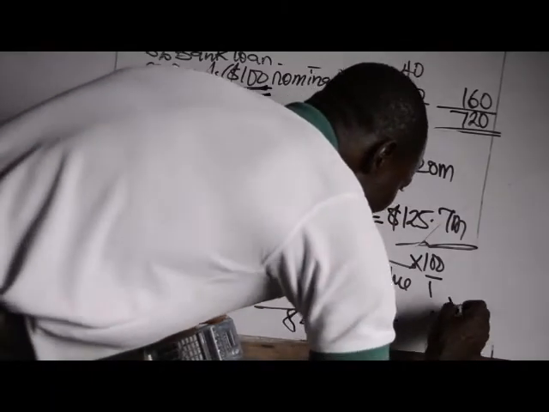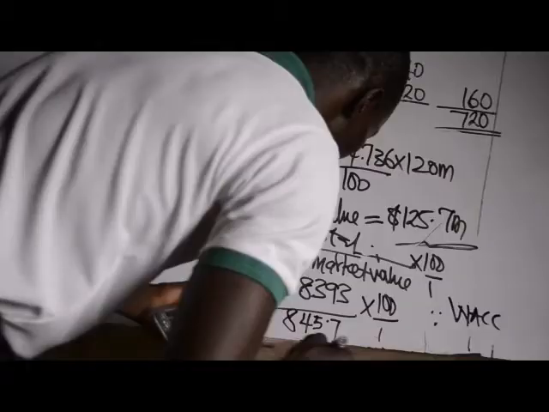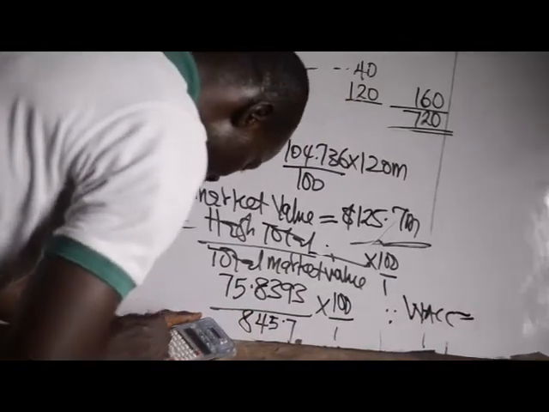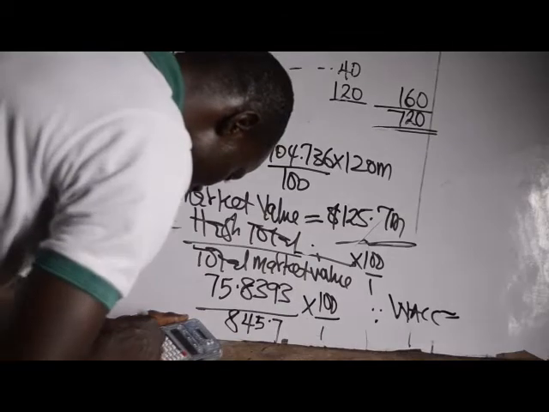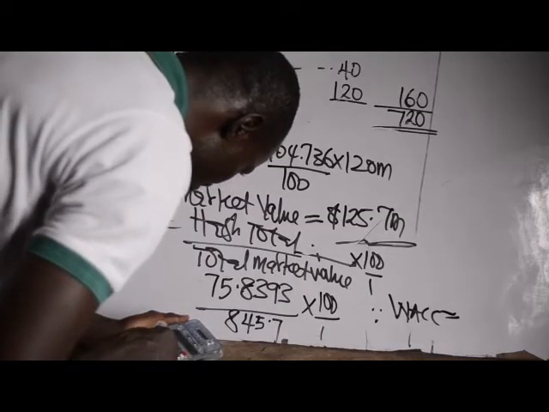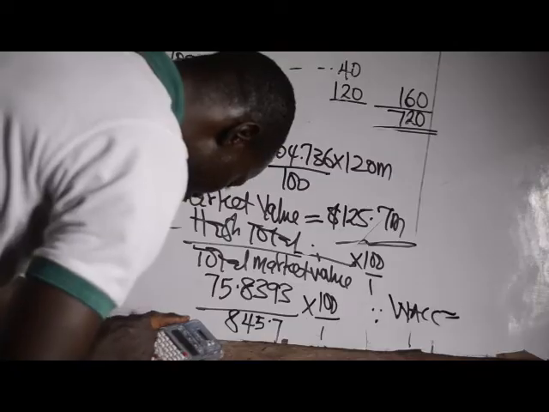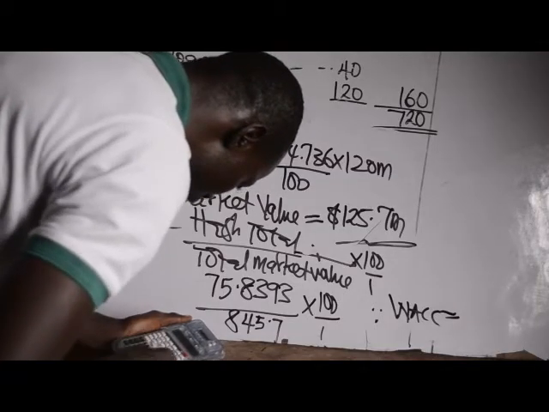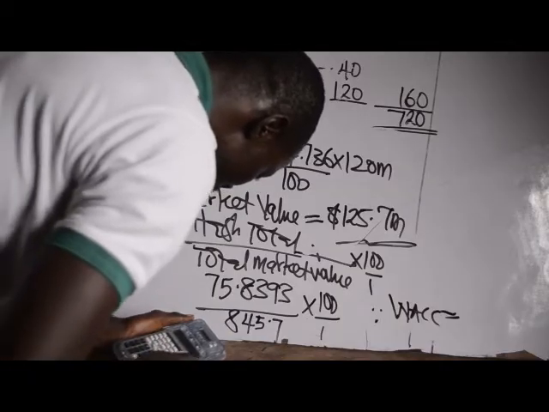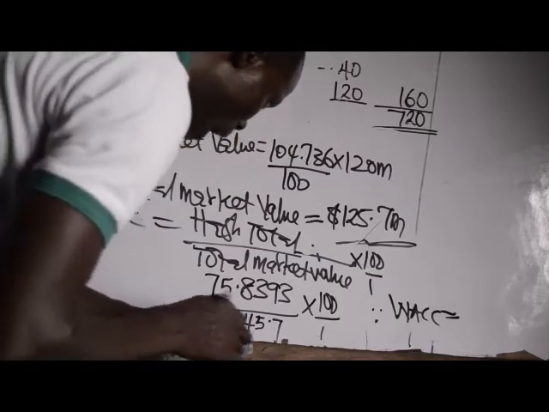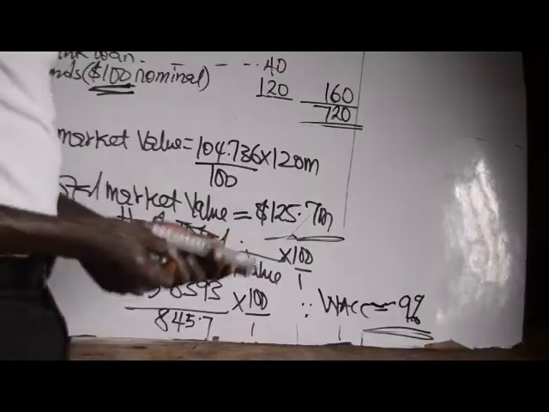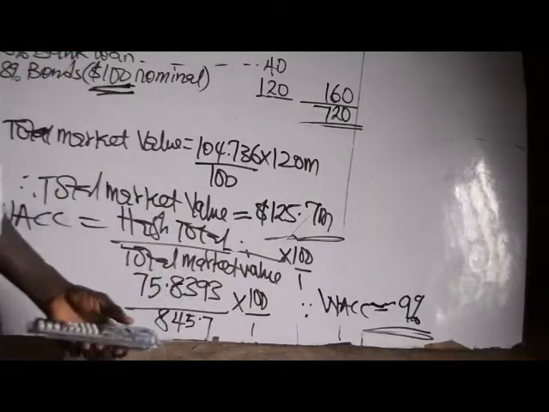Therefore, WACC equals 75.8393 divided by 845.7, times 100. We have 8.9676, approximately equal to 9%. That is the WACC, the weighted average cost of capital.